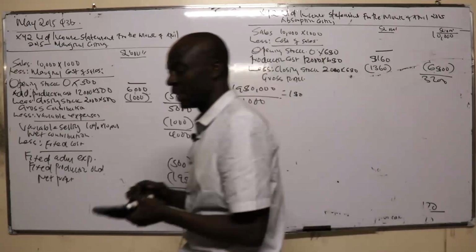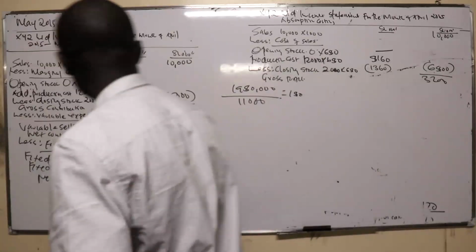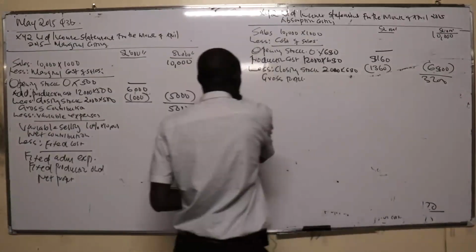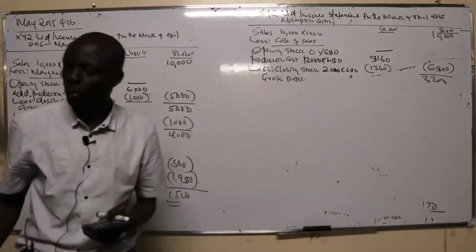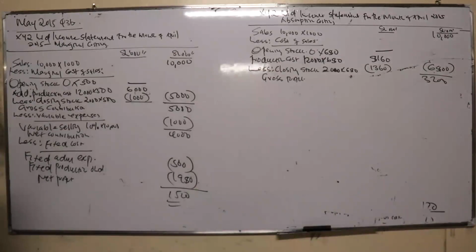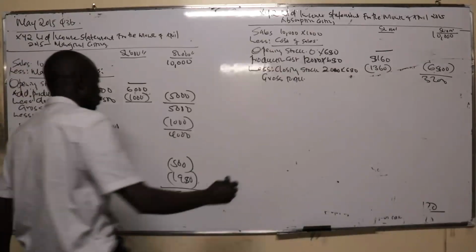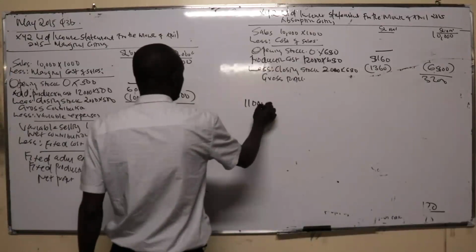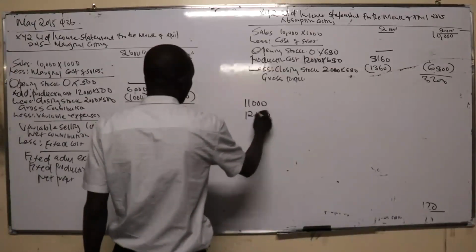Here we said under absorption costing, we have over and under production. Over and under production, you check the normal capacity of production. In our question, the normal production capacity is provided for in note number 2. Normal production capacity is 11,000, and the actual production was 12,000.